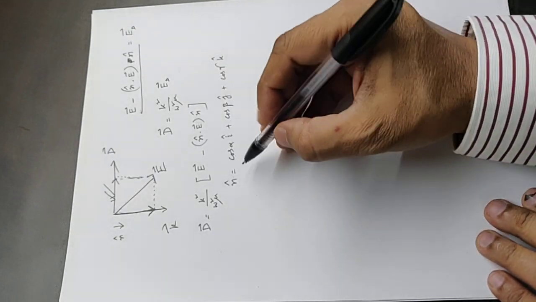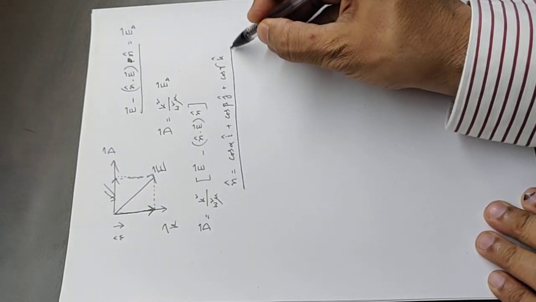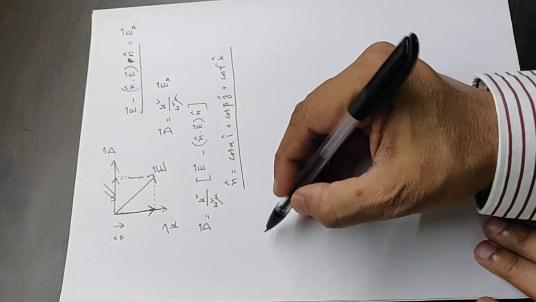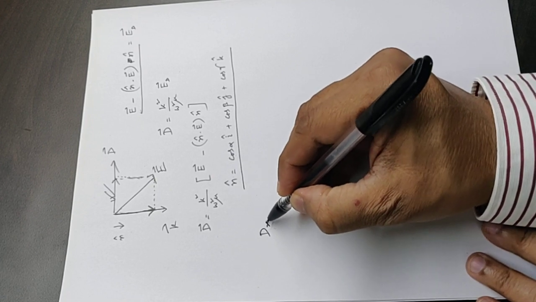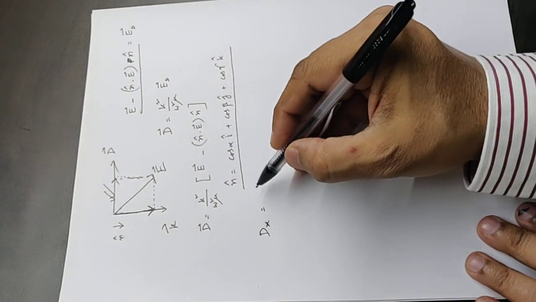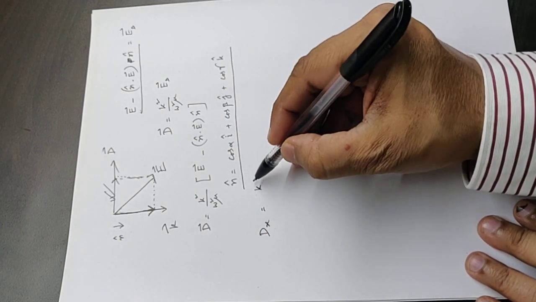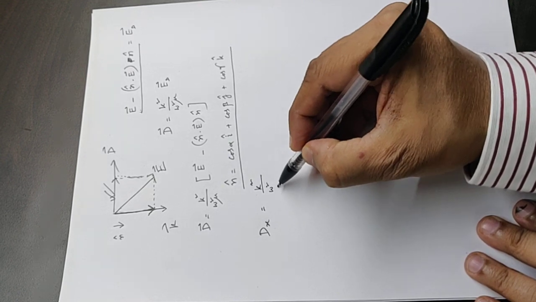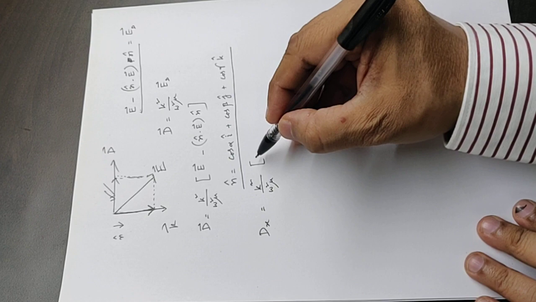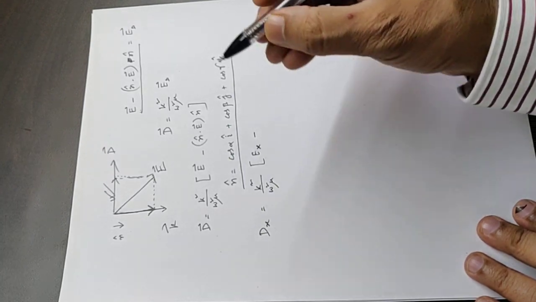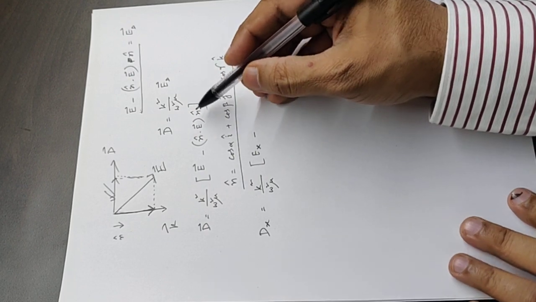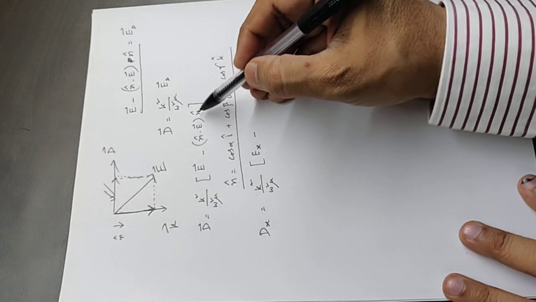So if n is being represented like this, then what would be dx? Dx would be k square by omega square mu dx. So this would be Ex minus the x component of this. The x component of this would be how much?